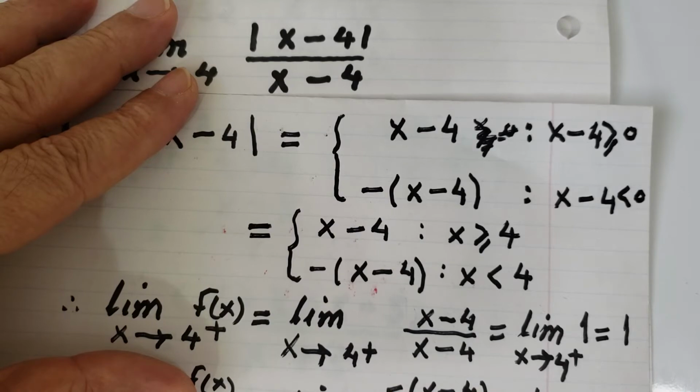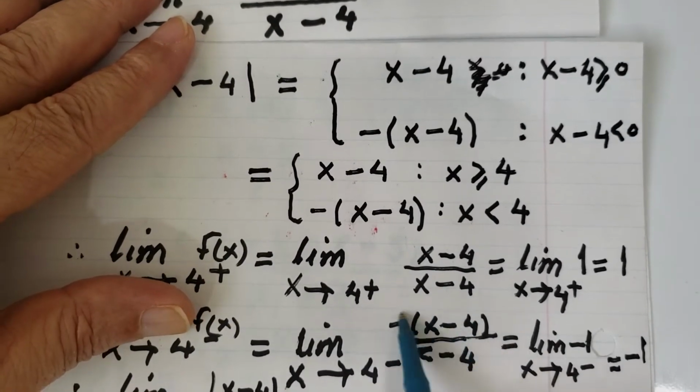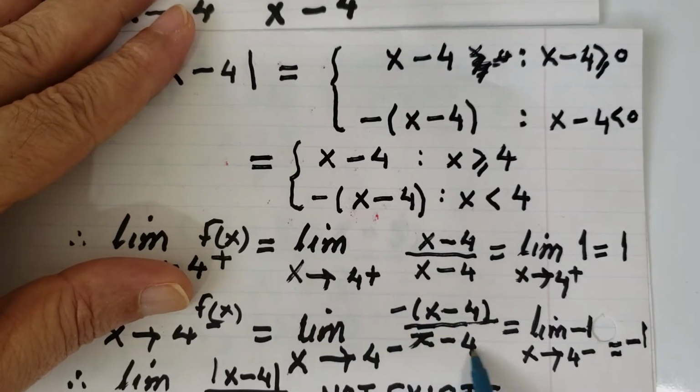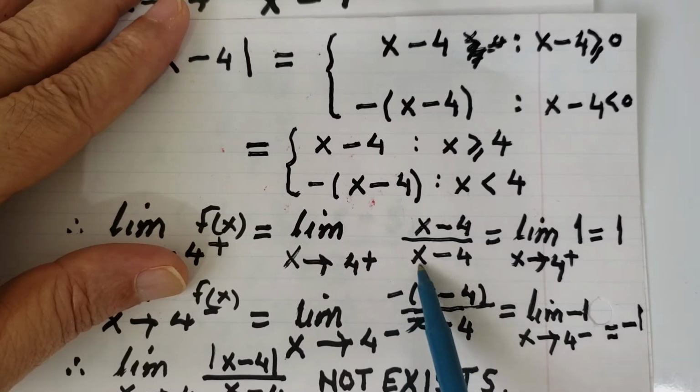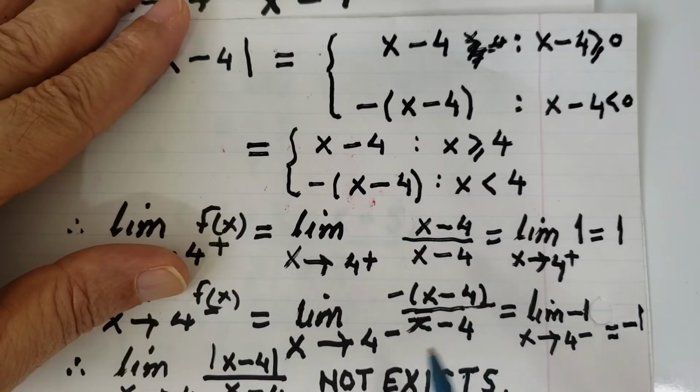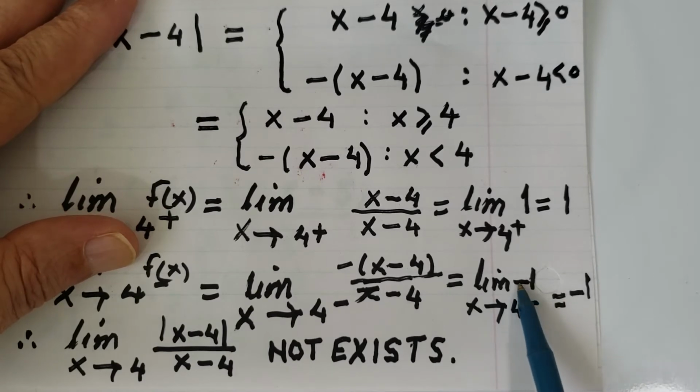Here we put that instead of the absolute value, and this stays the same. Now also we can make a cancellation. When you cancel this together, minus 1 stays in the numerator and 1 stays here. So minus 1 over 1 gives me negative 1.